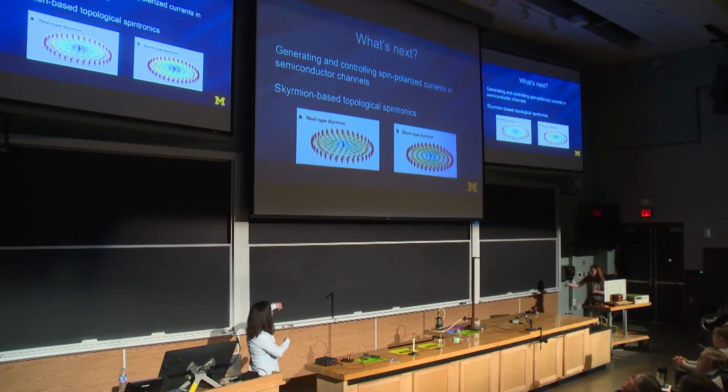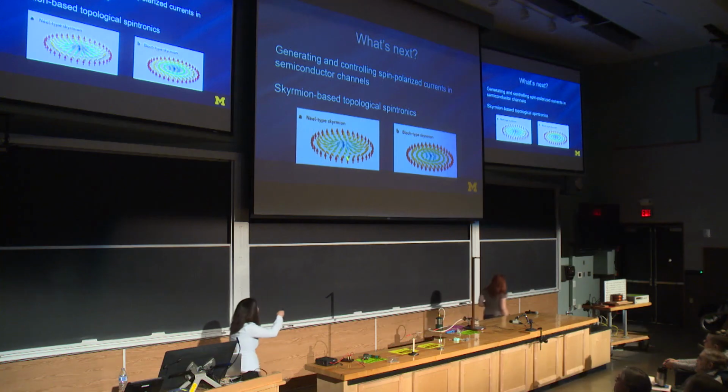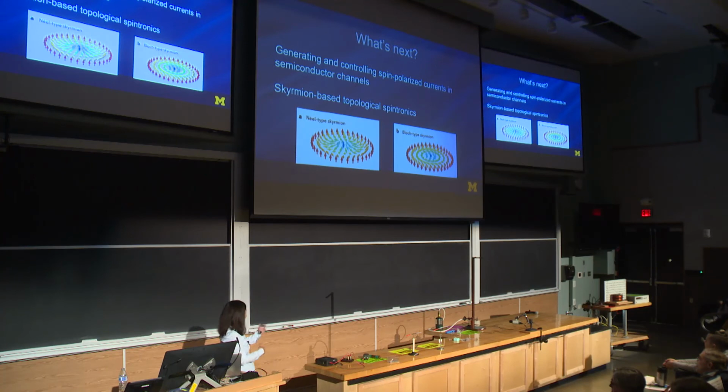What they have in common is that the center spin is in blue, and it's pointing down in both of these. But the spins in the intermediate region, like how you get from the middle to the outside, is different. The reason that this could be a robust system is that it's topologically protected.